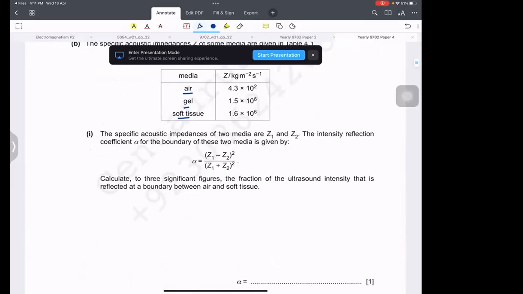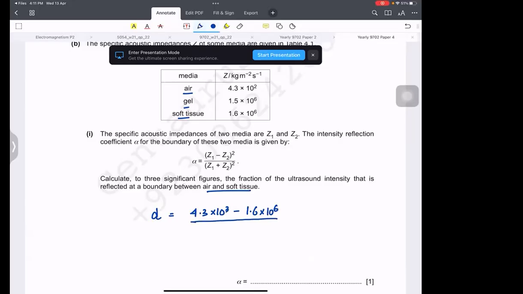Calculate the significance of the fraction of ultrasound intensity that is reflected boundary between air and soft tissue. So the formula is already given, but you should remember this as well. So reflection coefficient we have to find. So air is 4.3 times 10 raised to 3, and soft tissue is 1.6 times 10 raised to 6.